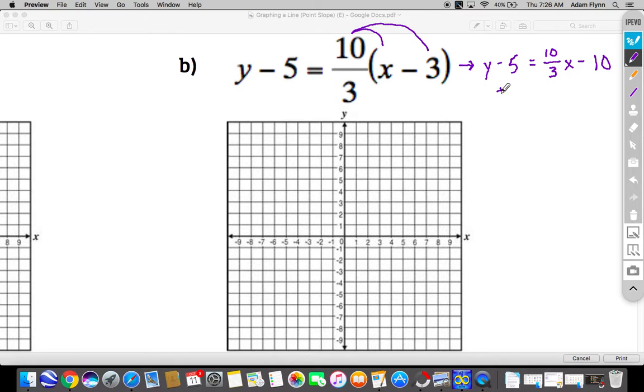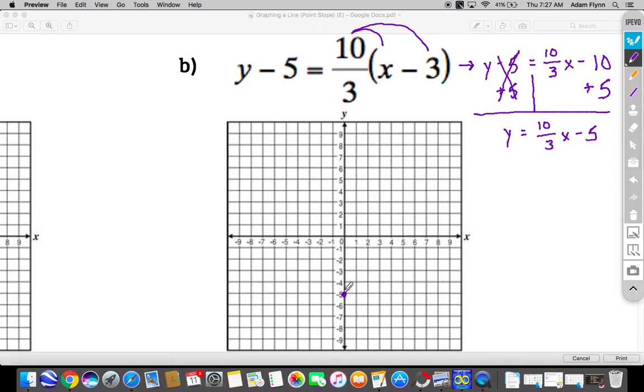So now I'll add 5 to both sides. When I do that, negative 5 plus 5 cancels. So we have y equals 10 over 3x, and negative 10 plus 5 is negative 5. So this is now in slope-intercept form because the y is by itself. So I'll start at negative 5 on the y-axis because that is my y-intercept.